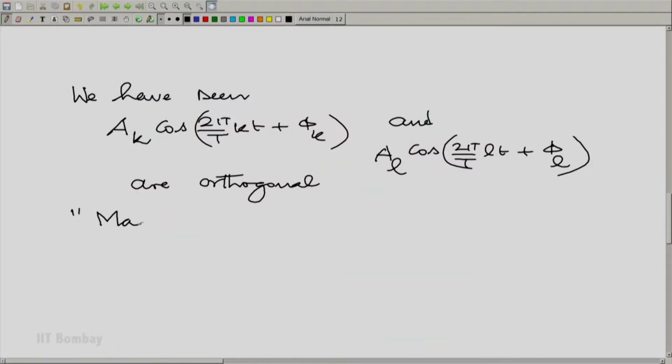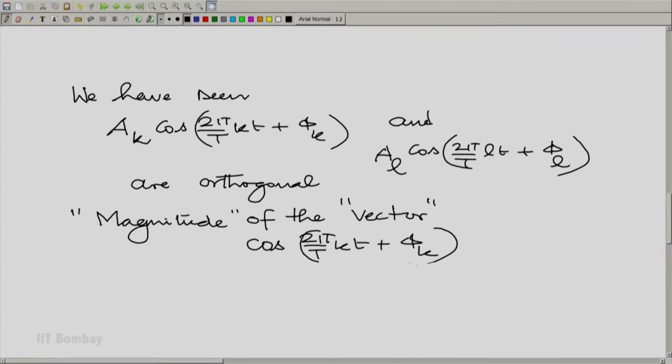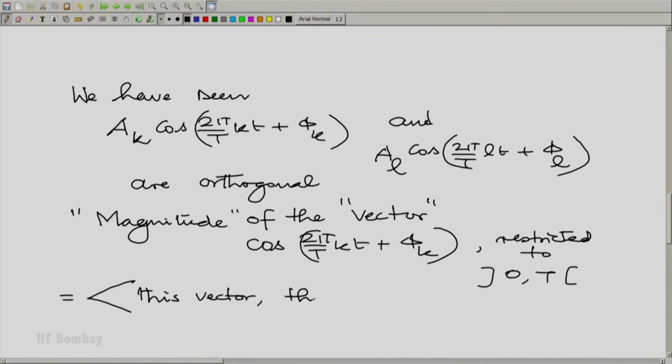Well, it is interesting. You can find the magnitude by taking the dot product of that vector with itself. Let us do that. So, the magnitude of the vector, as we called it, we are thinking of signals as vectors now, restricted to the interval 0 to T, is the dot product of this vector with itself raised to the power half.